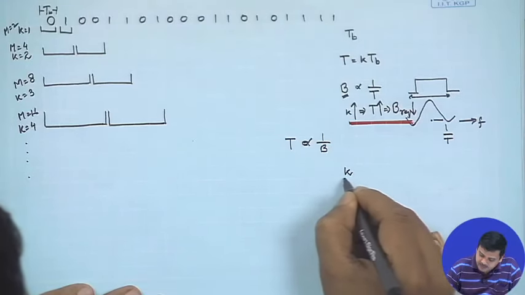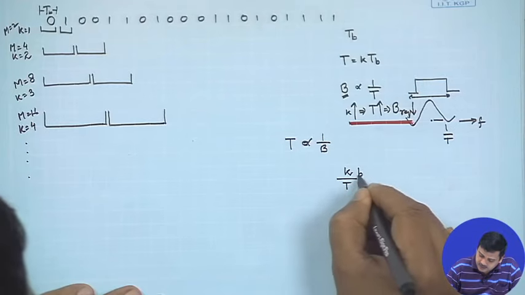The next way of looking at it is, suppose you have a particular bandwidth. That means your symbol duration is decided by the bandwidth, which is 1 upon the bandwidth. So, the symbol duration is fixed. In that symbol duration, if I send 1 bit, I am sending 1 bit per symbol. If I choose 2 bits, then I am sending 2 bits per symbol duration. So my bit rate would be k bits per T seconds.